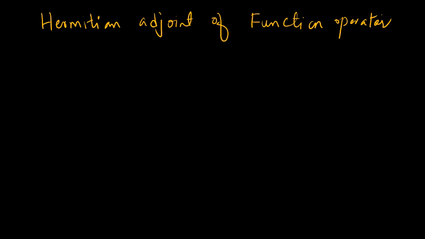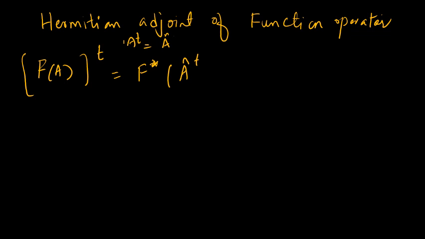Now here we will consider how we can take the Hermitian adjoint of the function operator. Let's suppose we have a function operator f of A, and the condition for its hermiticity. We know that if any operator A is Hermitian, then its adjoint should be equal to A. Now for the function operator, it should be f conjugate of the function and then A adjoint.